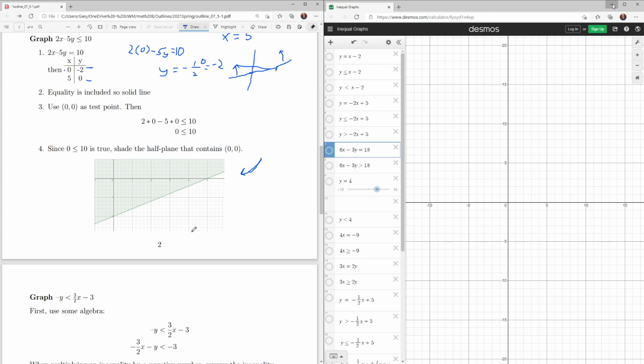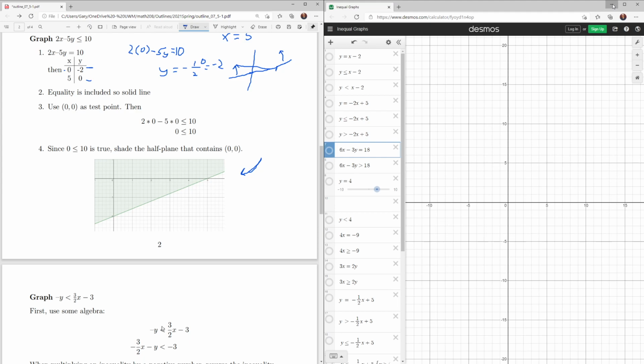So we have, subtracting 3 halves x from both sides, minus 3 halves x minus y is less than minus 3. There's an awful lot of minus signs in there. It'd be nice if we could get rid of that. So let's get rid of it by multiplying the whole equation by minus 1.